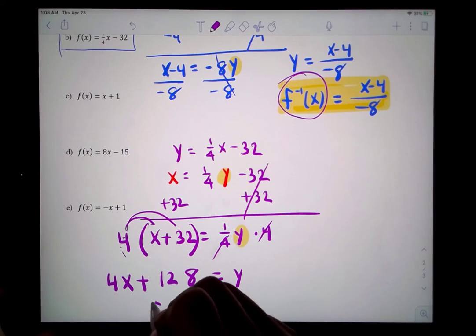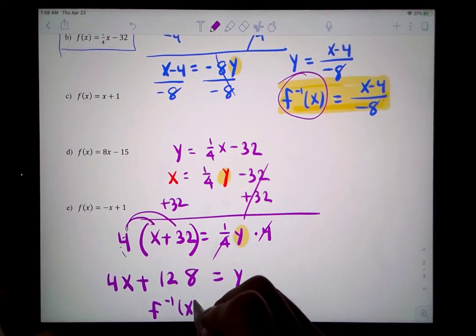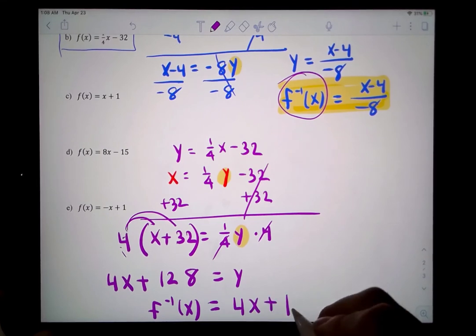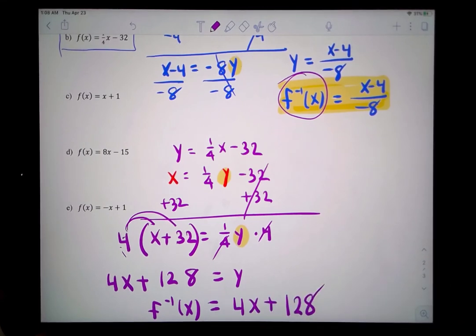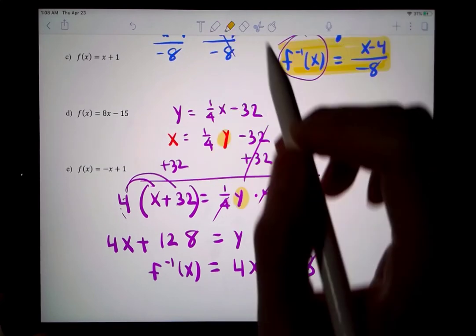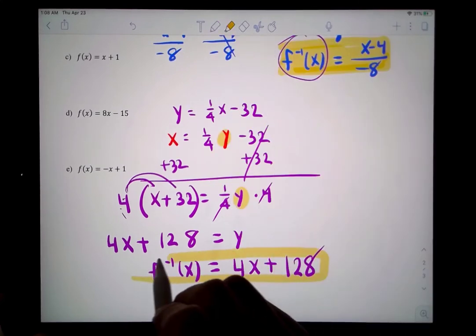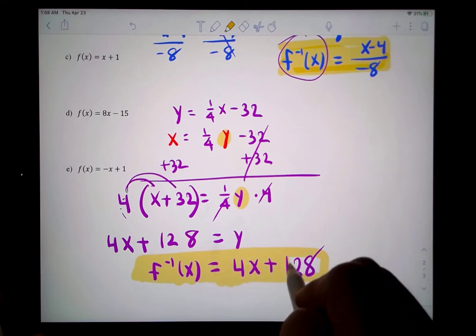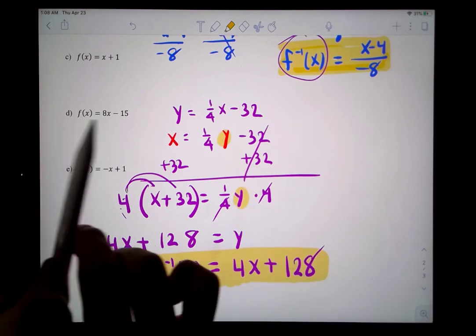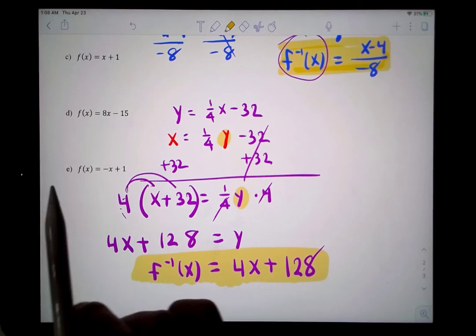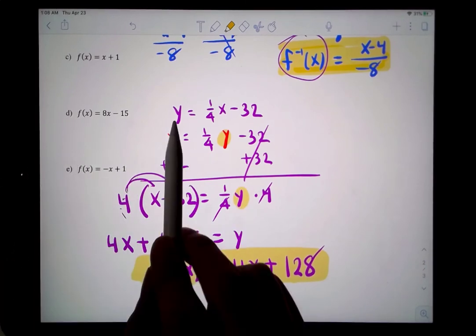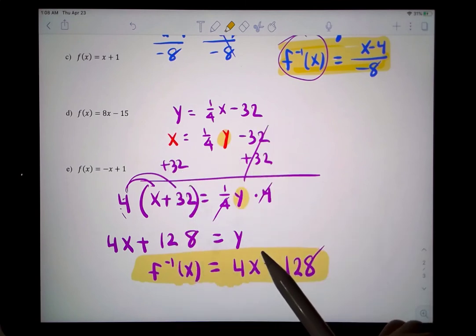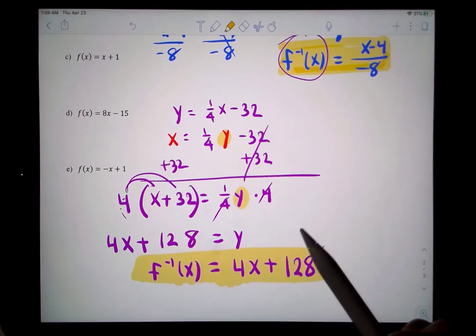So I'm gonna write f inverse of x equals 4x plus 128. All right, then you're done. She didn't say it's gonna be a word problem, but even if it's a word problem, you will have an equation like that. So all you need to do is convert it. Take y, switch x and y, solve it for y. So that's it, guys.